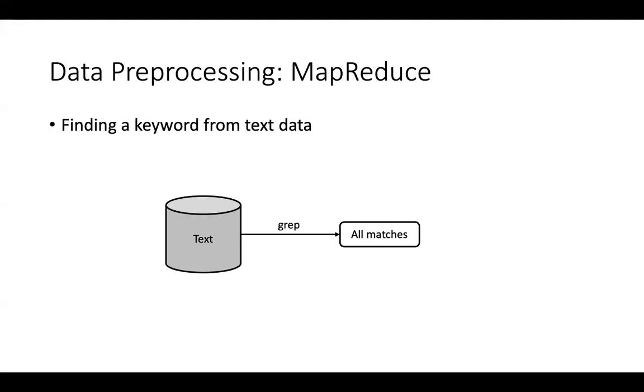Let's say that we want to find a keyword from text data. There's just a heap of raw text data, and we want to find how many times the word "case" occurred in the text. Then what we will do is simply use grep.